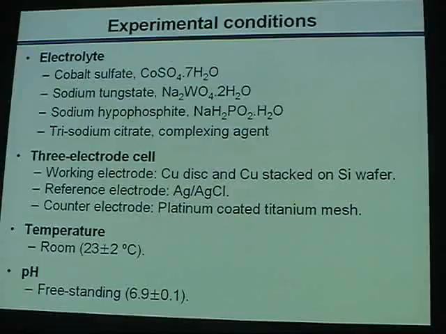We use a copper disc electrode as the working electrode for electroanalytical study of the deposition of this cobalt tungsten phosphorus layer, and then we deposited the layer on a copper coated silicon wafer to study the properties.